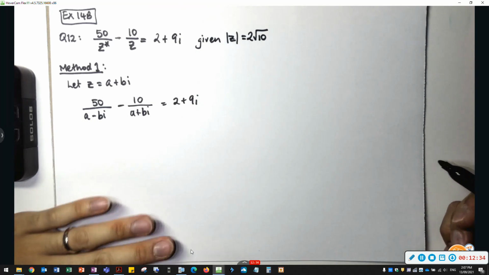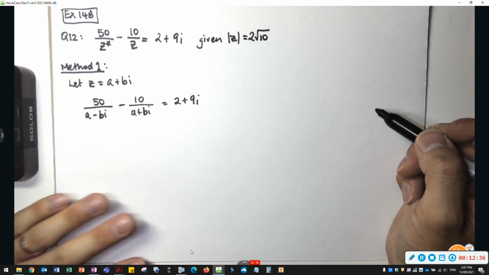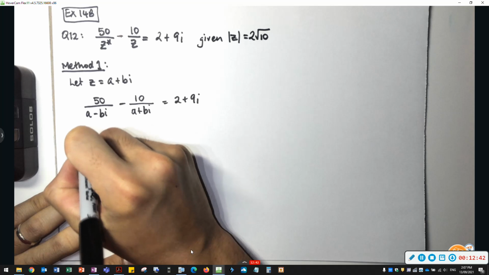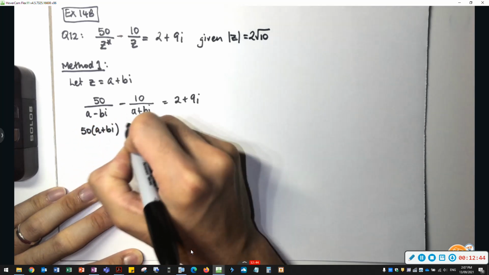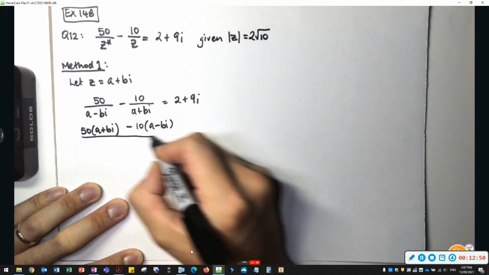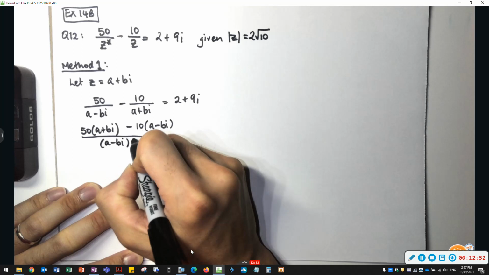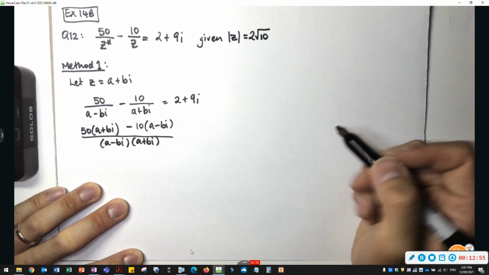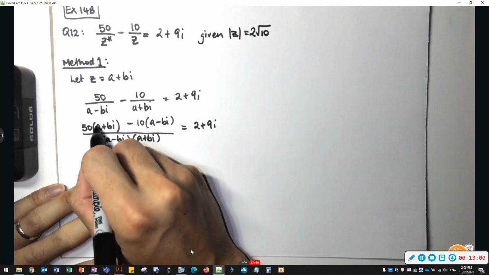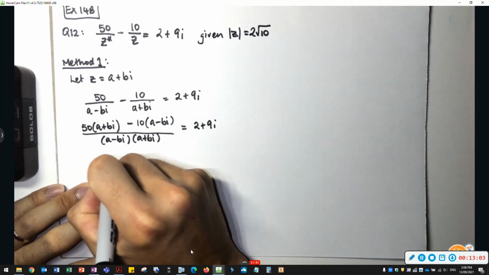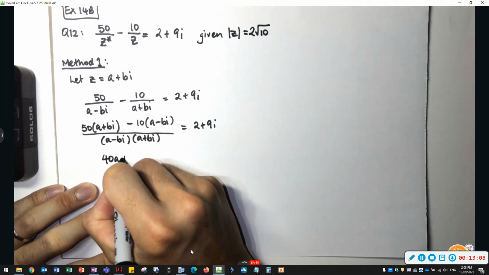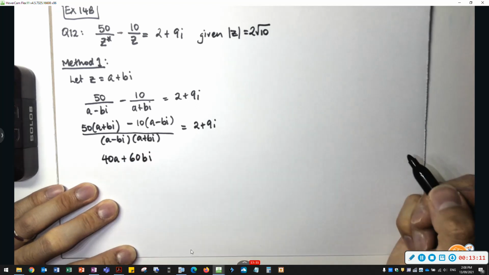Okay, so to resolve the denominators, I have to have common denominators. So I have to multiply this by a plus bi. And this right hand side, 10 times a minus bi. It's all over a minus bi times a plus bi. Right hand side doesn't change. Okay, keep going. So 50a minus 10a is 40a. 50b plus 10b is 60b, 60bi.